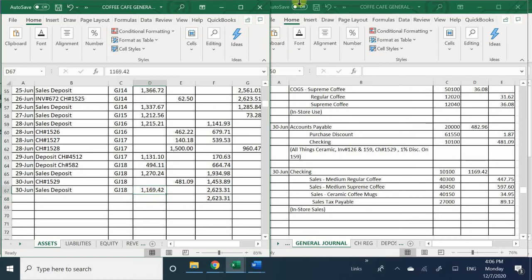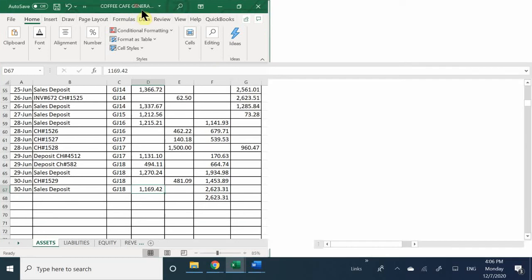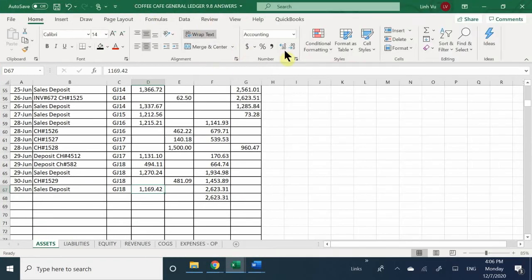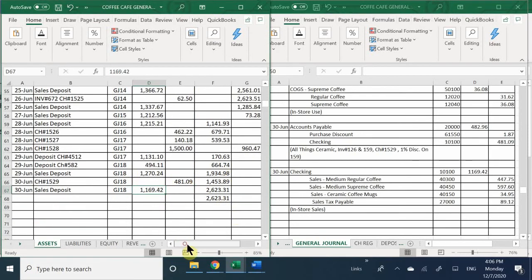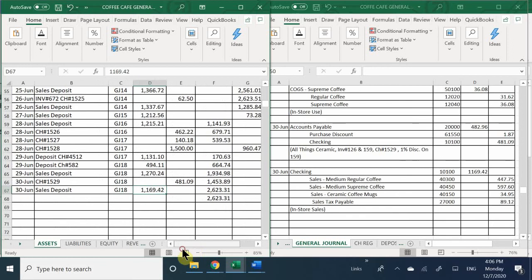Go click this one and go up to the very top of your screen. You should see the format cells window. Make sure you put it as number or comma style. Okay, I had all of them as accounting, and that one is fraction. Okay, sorry, ladies. No worries. So good, we got 2,623.31.